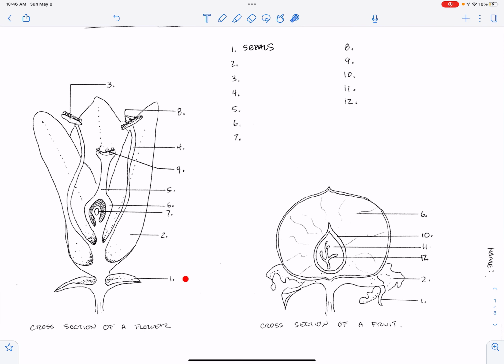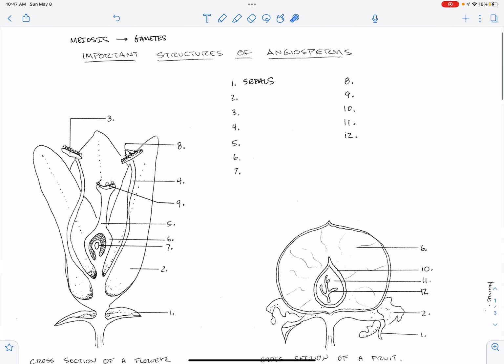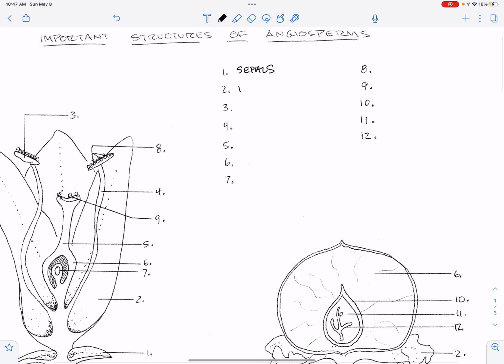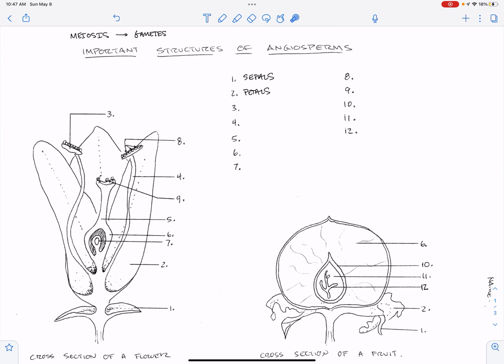So sepals are our structure down here. Our second structure is something you all probably know: petals. Petals are often vibrant colors, sometimes in the ultraviolet spectrum we can't even see, and they're attracting pollinators.